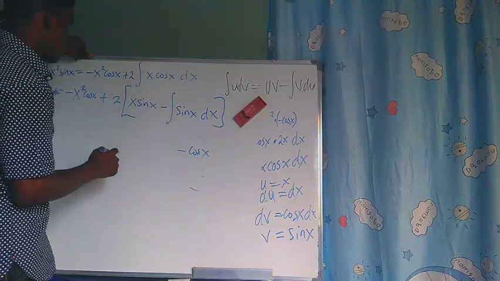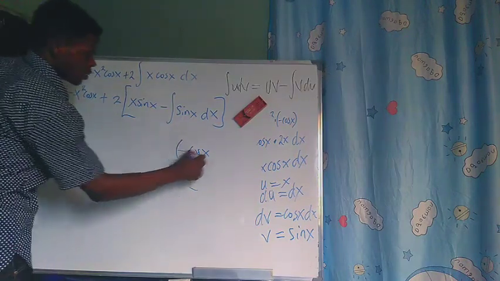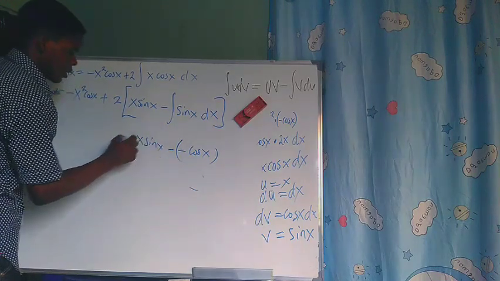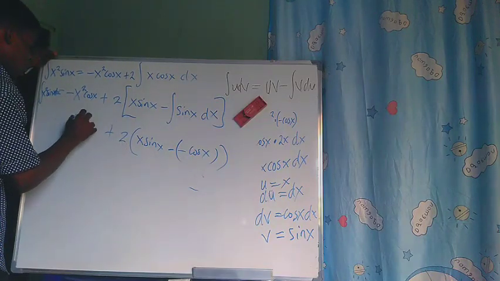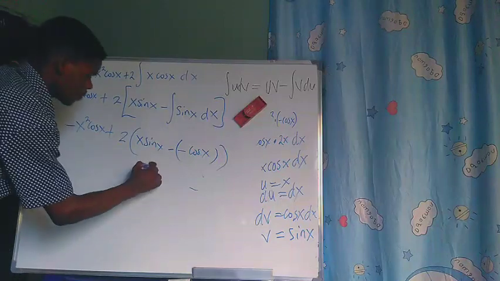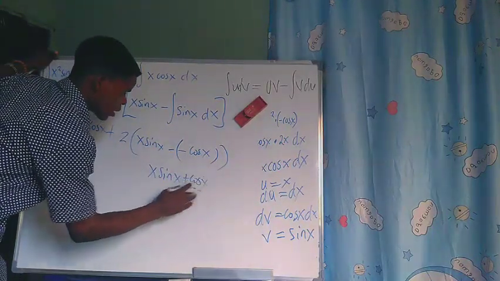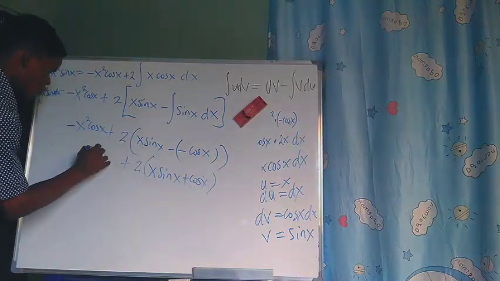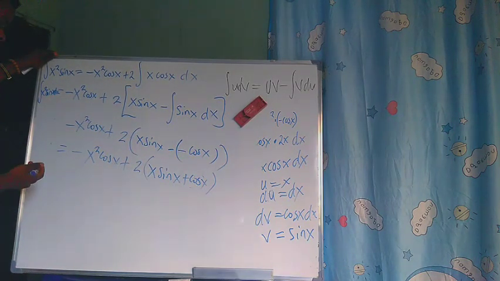So we have times negative outside there, and we have x sine x like that. And we multiply everything by 2, and we add it with negative x squared cosine x. So negative times negative gives us positive. We have x sine x plus cosine of x, and 2 is still out waiting for them, and we have negative x squared cosine x, which is equal to the original question.